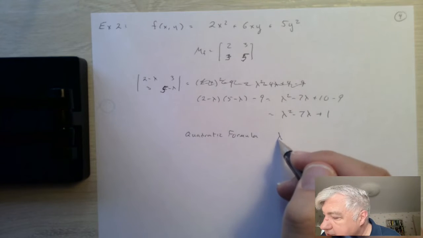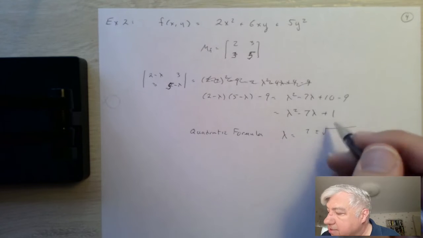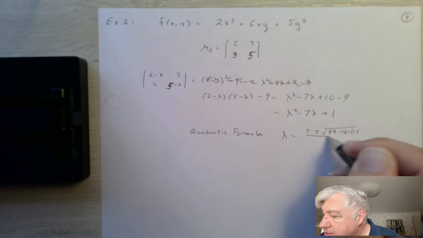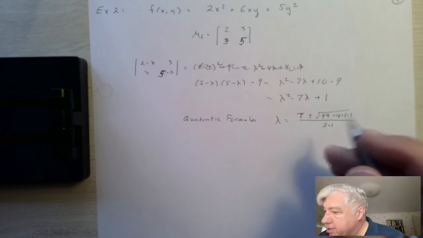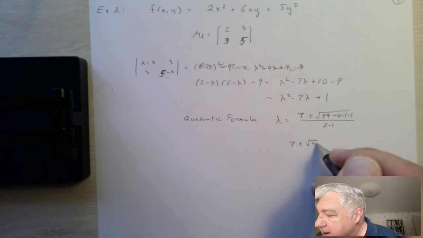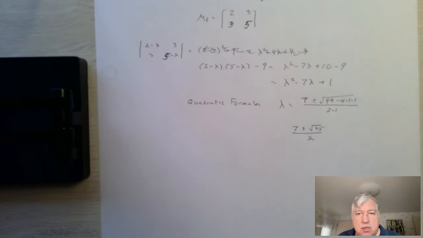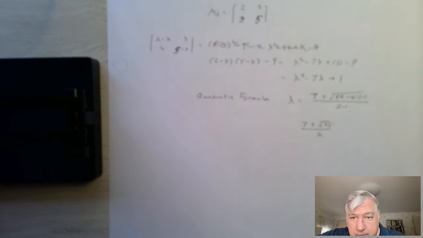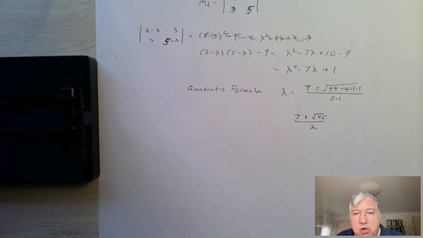So this tells us that lambda is going to be 7 plus or minus the square root of 49 minus 4 times 1 times 1 over 2 times 1, which reduces to 7 plus or minus the square root of 45 over 2. Now we could simplify this a little bit, but we're not going to for our purposes.